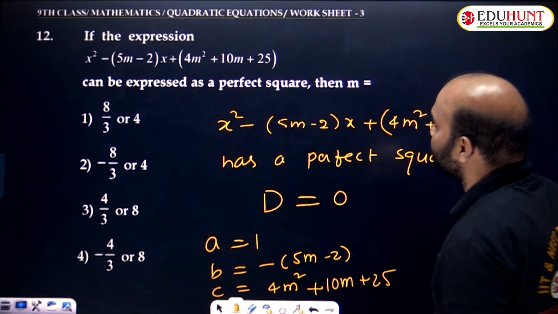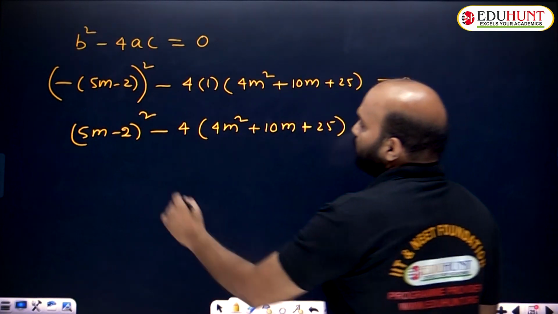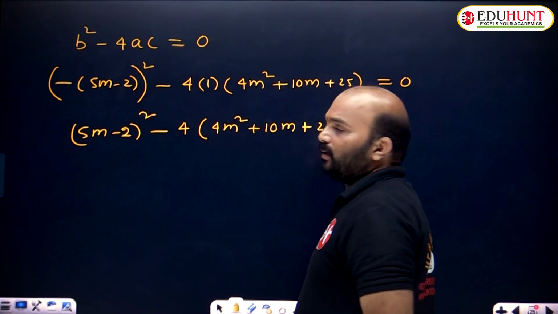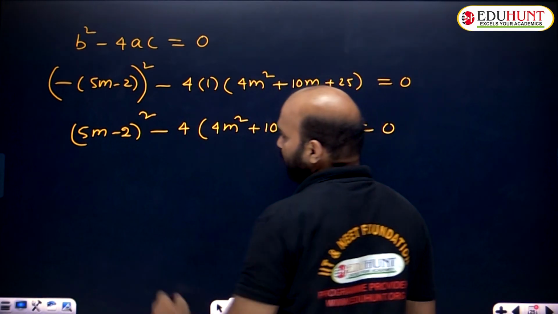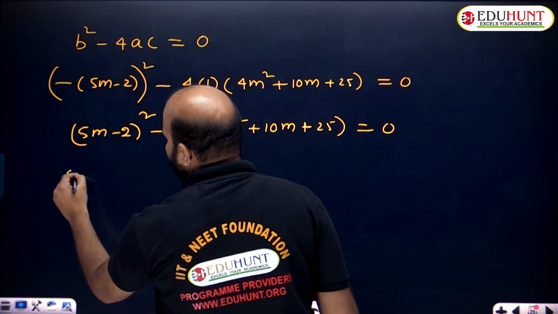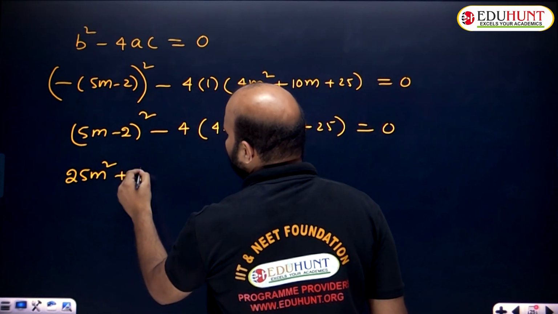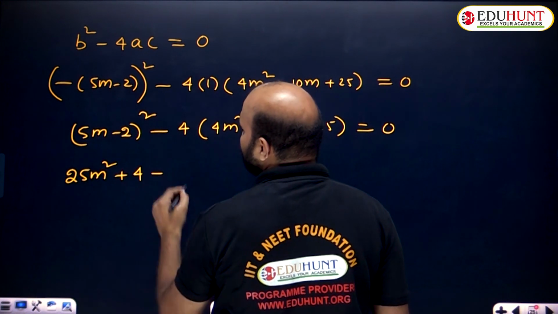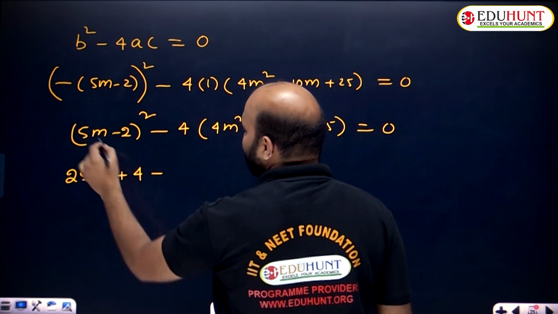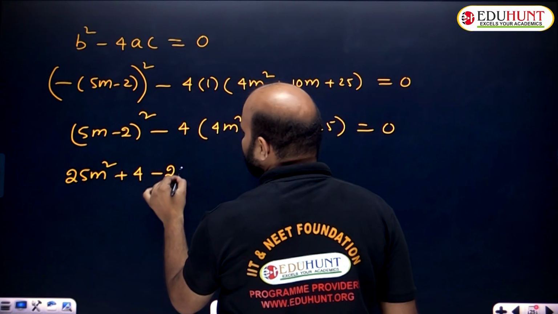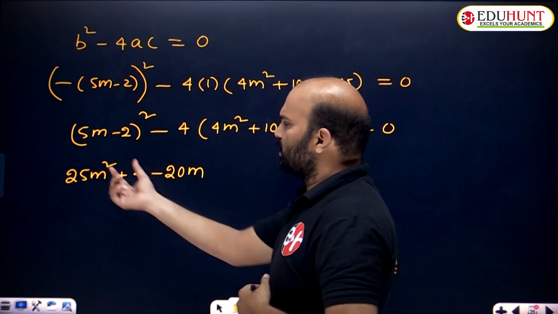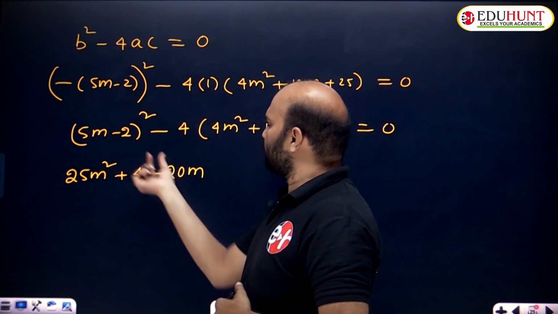Am I clear? So this is the expansion of (a minus b) whole square: a square plus b square minus 2ab.